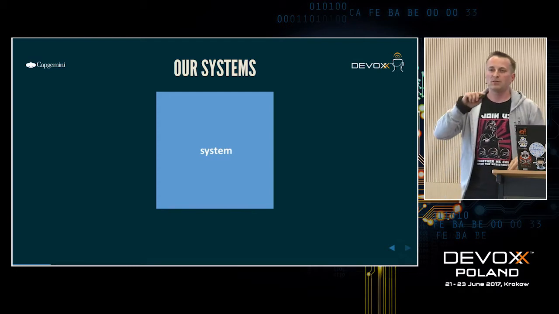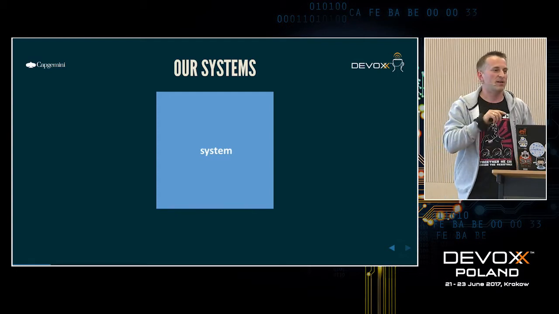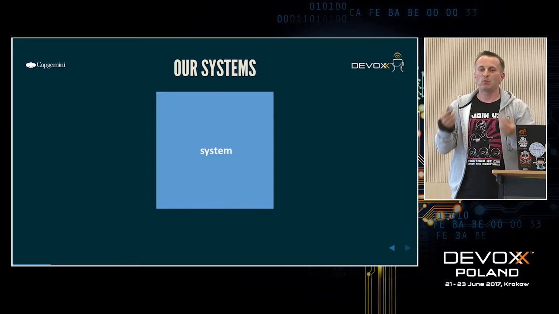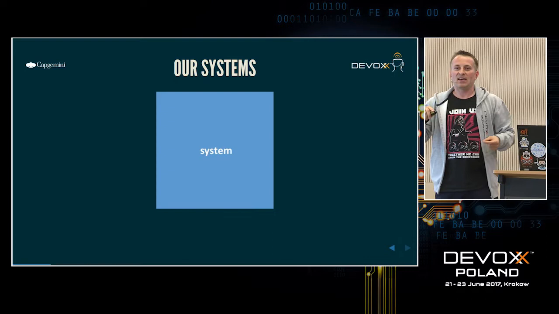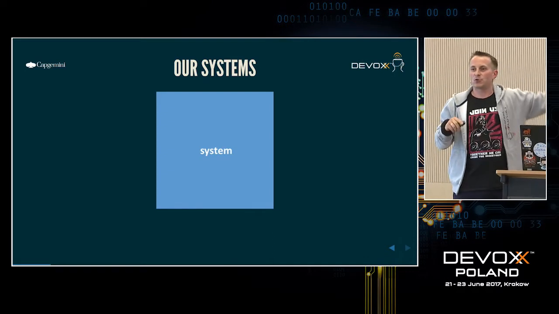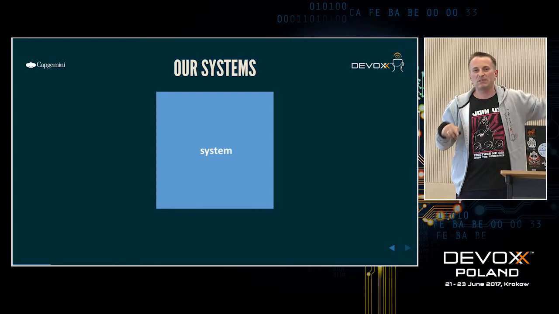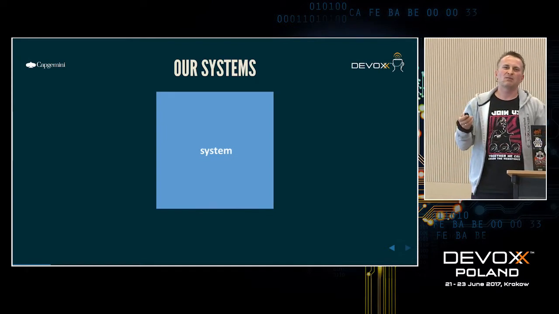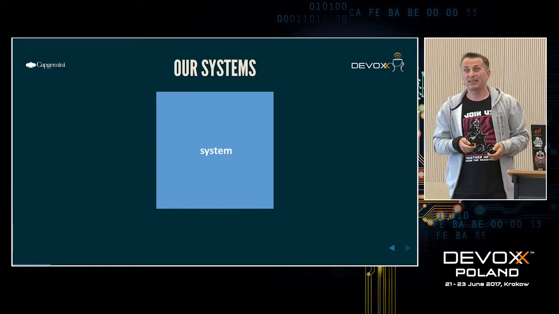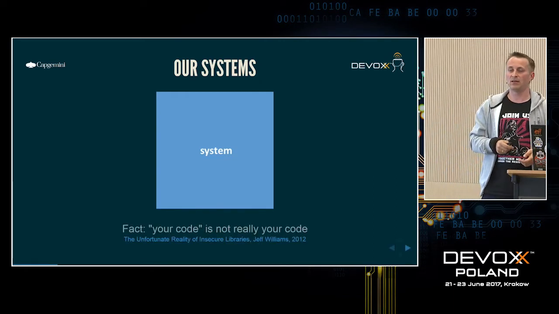What do you need to understand about this square to make it more secure? The first thing you need to understand is that it's actually not your code that is running there. It might be surprising, it might be confusing, but it is not your code. Well, it is your code to a certain degree, but to a small degree.